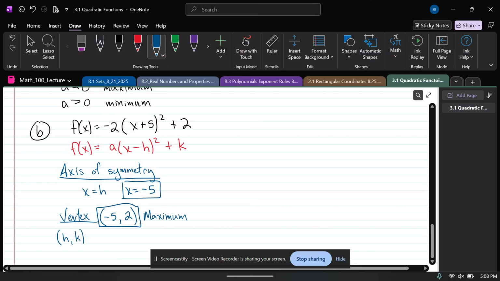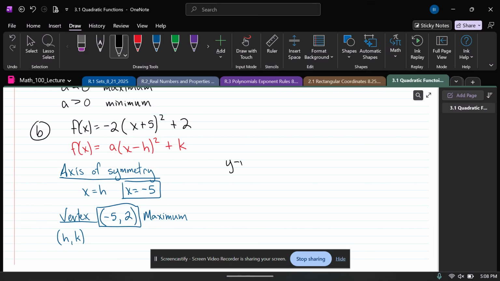Let's find the y-intercept. How do I find a y-intercept? Yeah. Let's plug a 0 in the place of x. And my h is, no, that's a +5 in there. So let me get that written. Squared and then +2. So order of operations says you do the parentheses first.